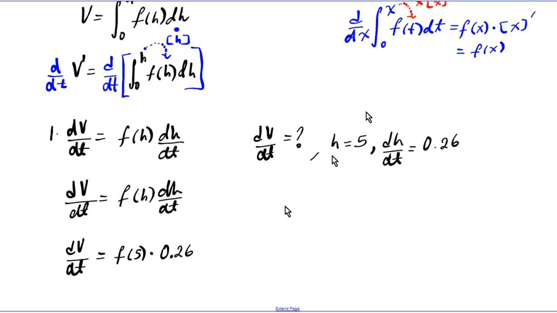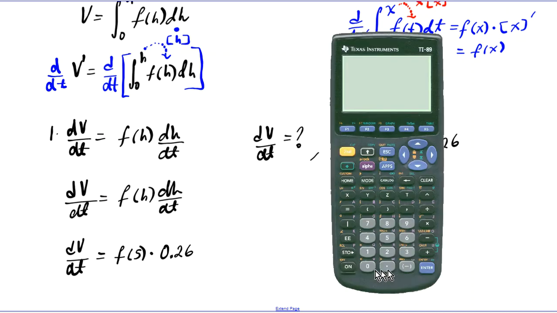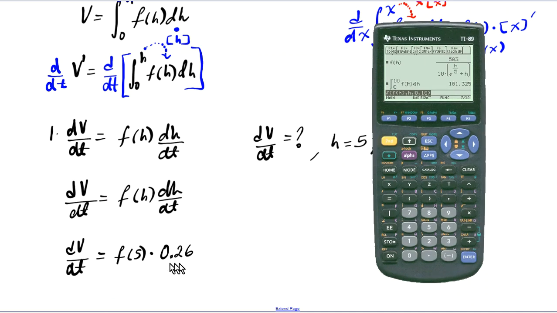Okay? Alright, so let's plug that into our calculators. We already have f of h stored in there, so all we're just going to do is type in the command f, the function evaluated at 5, multiplied by 0.26. Well, that's the exact answer. Let's make it an estimate. 1.69442.